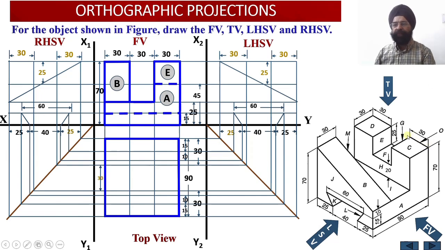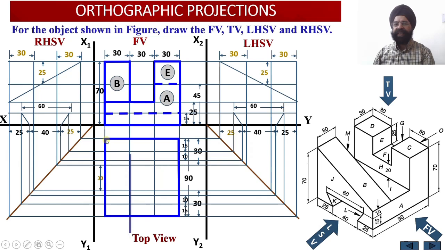Similarly, this surface and this surface, 90 millimeter, again will be viewed as a single straight line. Similarly, this surface of the web and this surface corresponding to the inclined web will appear as a straight line. And this surface, though it is inclined, will appear as a straight edge in the top view. So this boundary has been darkened in the top view.